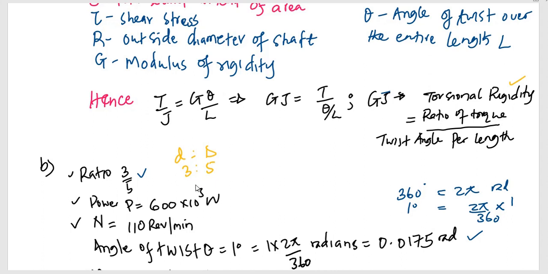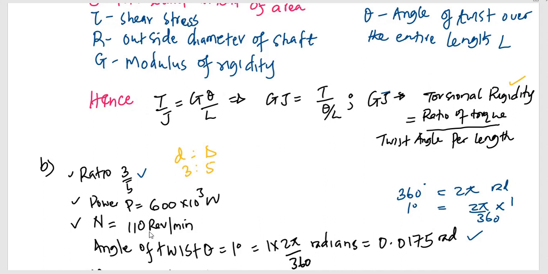We are also given that the power to be transmitted is 600 kilowatts, that is 600 times 10 to the power 3 watts, and the speed is 110 revolutions per minute.